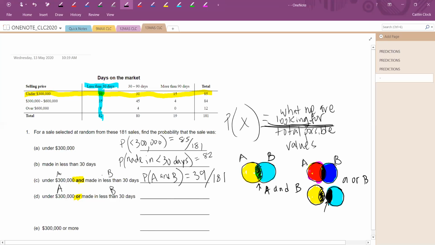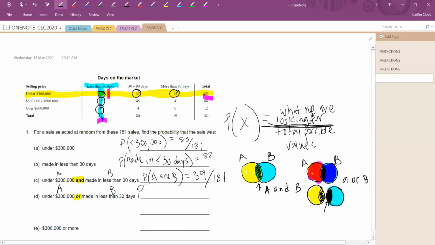So if I have a look at it, I've got A, that whole piece, or I've got B, but that piece in there, I've counted twice. If I added up each of these pieces, it would be the right answer. But if I add up 82 and 85, I need to subtract 39. Does that make sense?